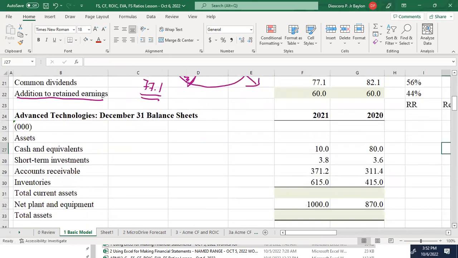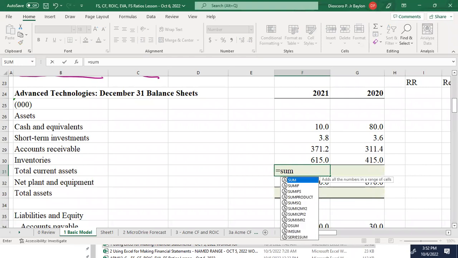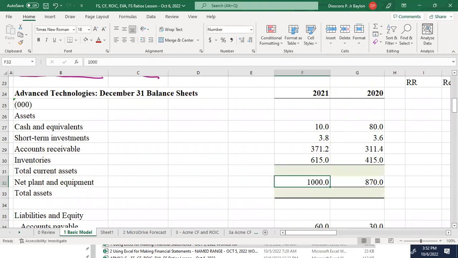So let's go down. Let's take a look at your balance sheets. You have your cash and cash equivalents, short-term investments, receivables, inventories, giving us total current assets of. How do you add this, guys? What's the function? Some of you would do this with equal to sum, right? I normally don't do that.